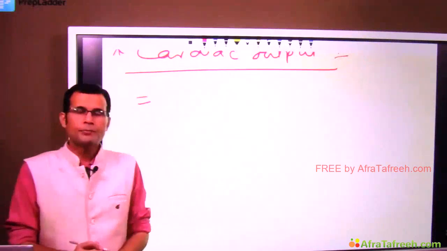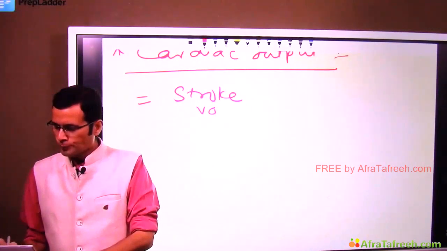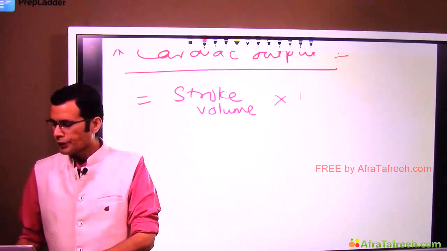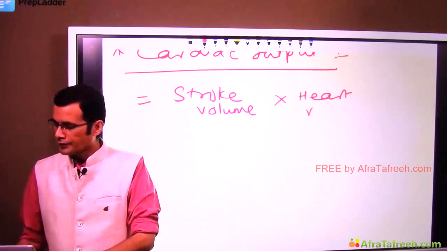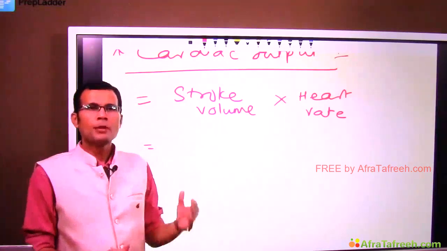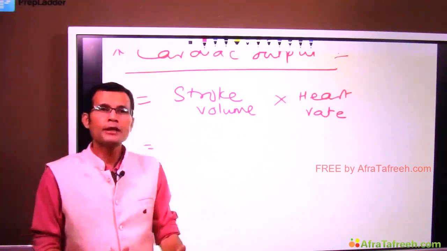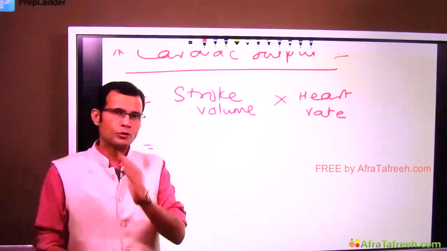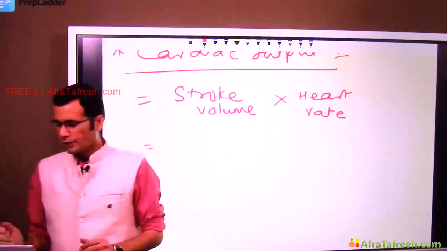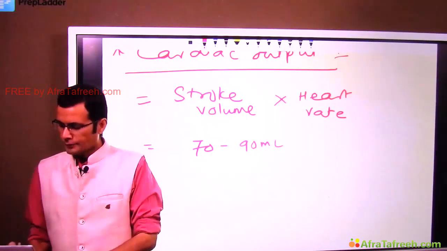Next point. Cardiac output is equal to stroke volume into heart rate. Stroke volume is the amount of blood pumped out by the heart in one stroke, or one beat, or one systole, one contraction. It is about 70 to 90 ml.